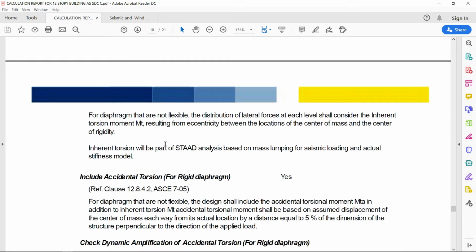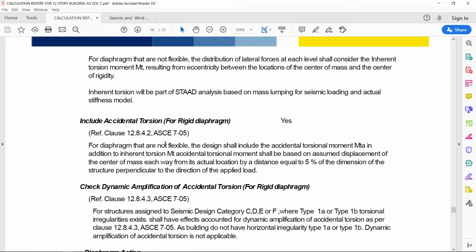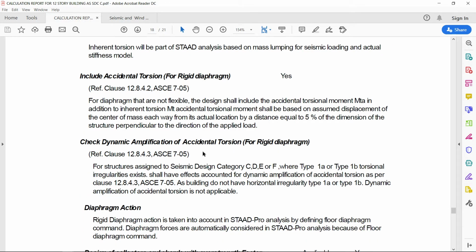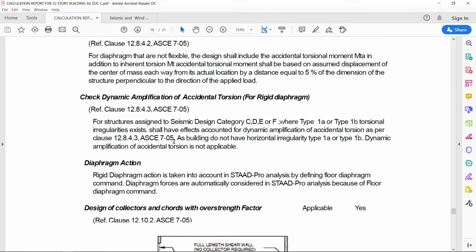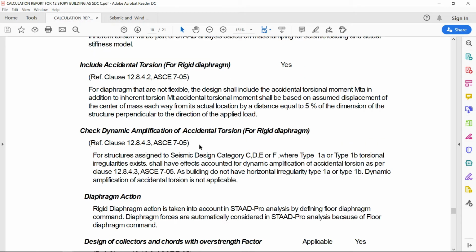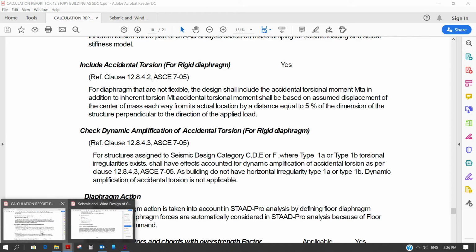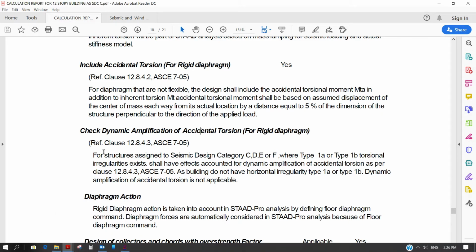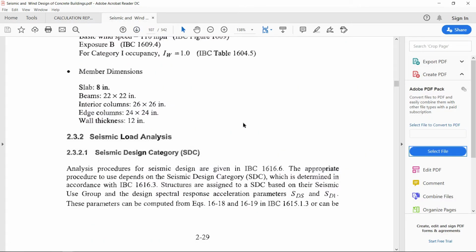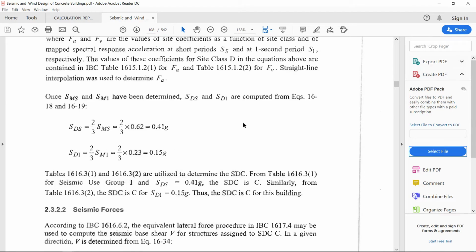Vertical distribution is already done. Dynamic amplification we have to check. We have to check the deflection, what we have to do and how it is done in the calculation. So let's go and see what was done in the calculation. Same thing is done over here.